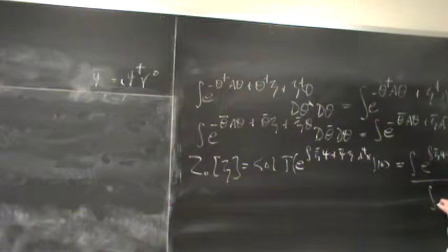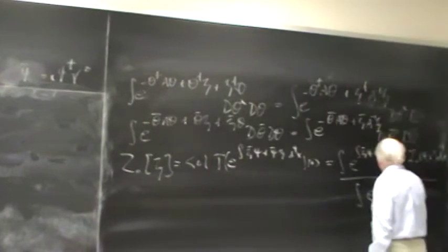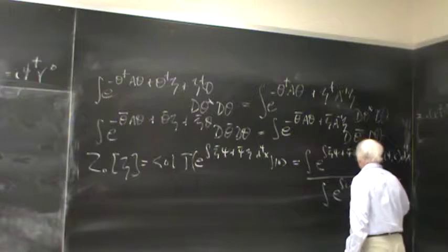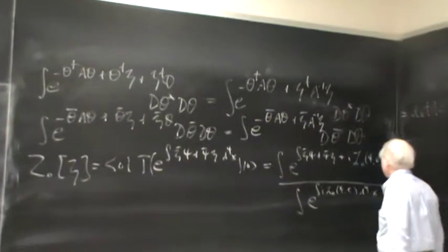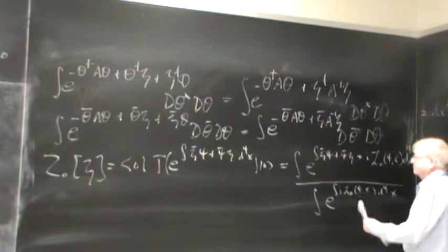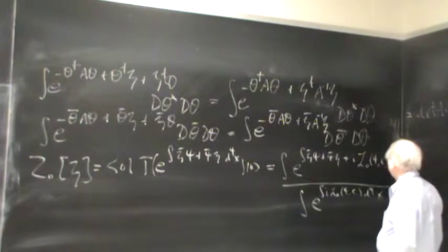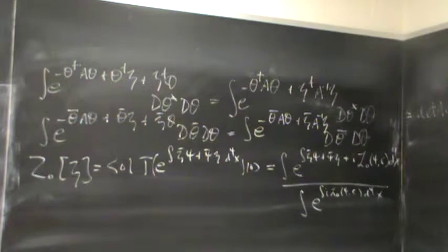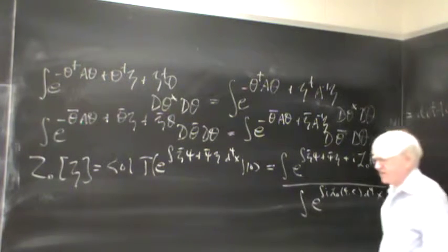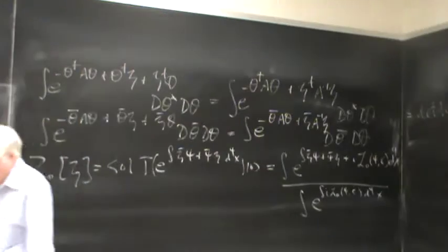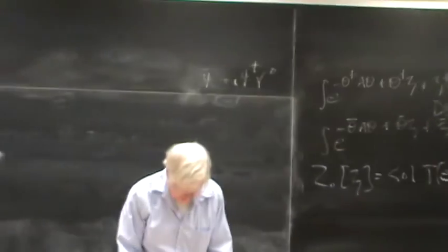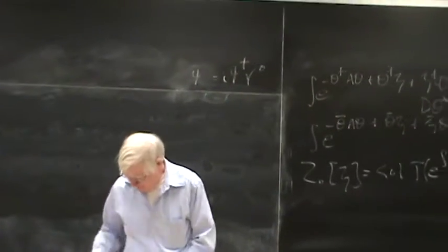And then in the denominator we have e to the integral of i L0 with epsilon of x. Okay, so this is a definition. These Z's are always mathematical devices to compute other things.